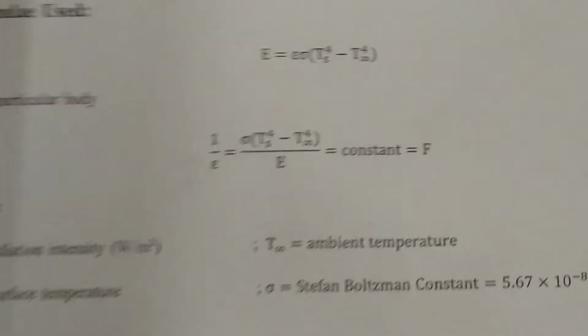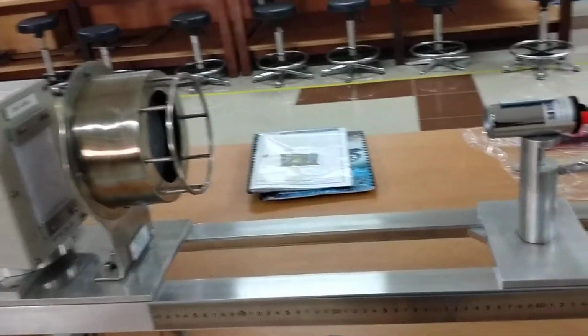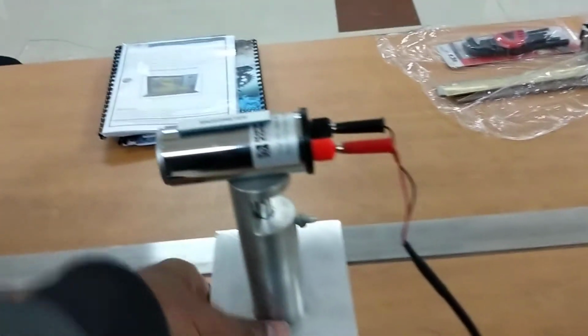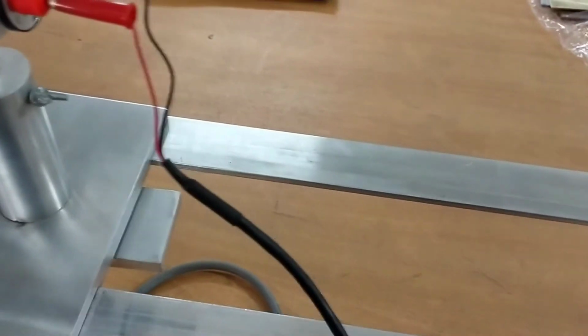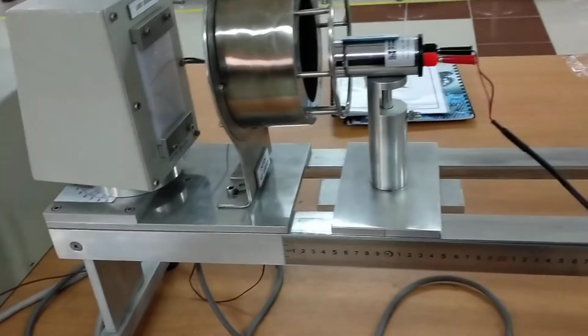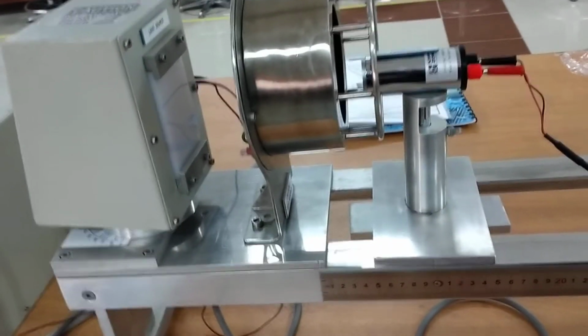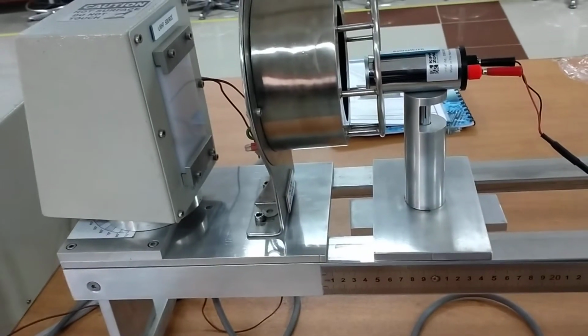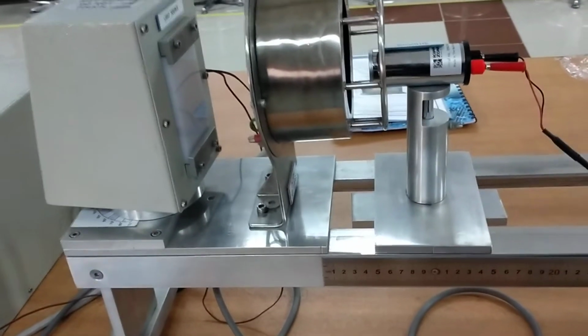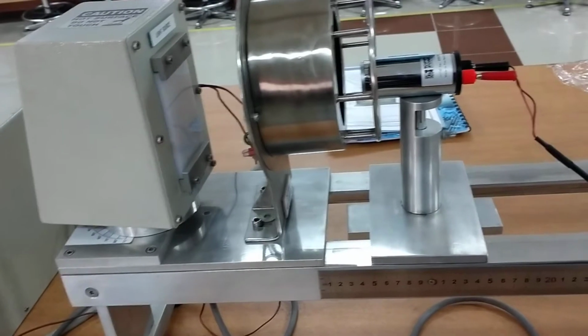In that experiment, I'll measure the radiation intensity emitted by the surface. For that, I'll place the radiometer as close as possible. At this distance, I can measure the radiation intensity E, and using the formula, I can calculate the emissivity value, and taking the reciprocal, I'll get a constant.